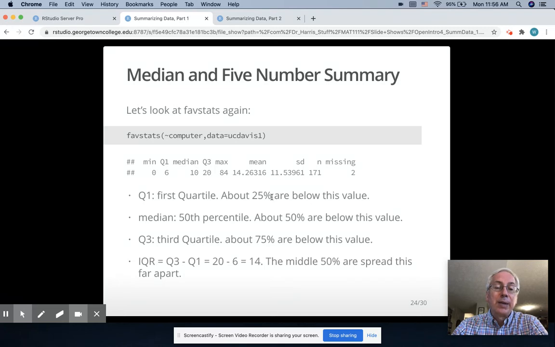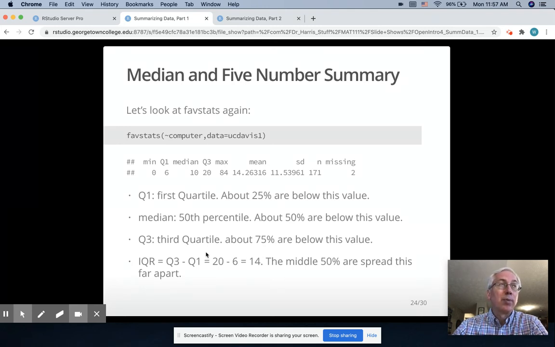About 25% of my data values should be below this number. The median is the midpoint of the data. It splits the data in half. So half of the data should be below the median, half of the data should be above the median. And the third quartile is going to be the 75% mark of the data. And we would say that about 75% of all the values are below the third quartile.